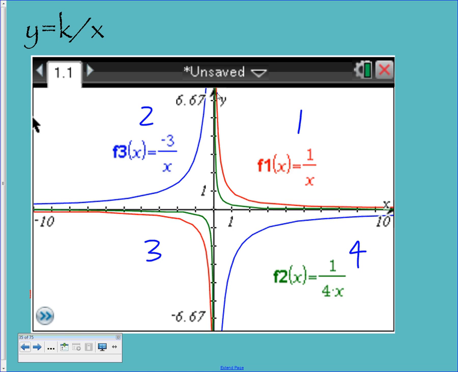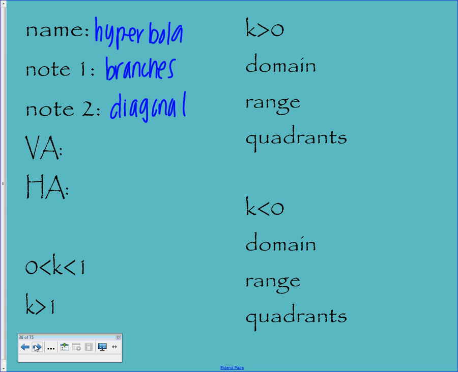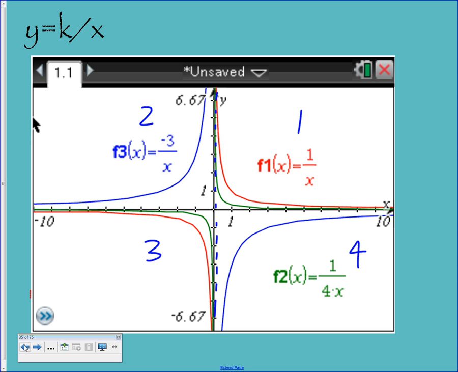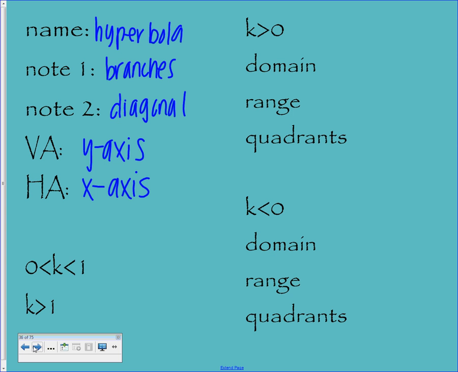Hopefully you see that it's definitely not touching right here, which would be the y-axis. So the vertical asymptote is the y-axis. The horizontal one is the x-axis. It's never going to cross or touch either the x-axis or the y-axis.